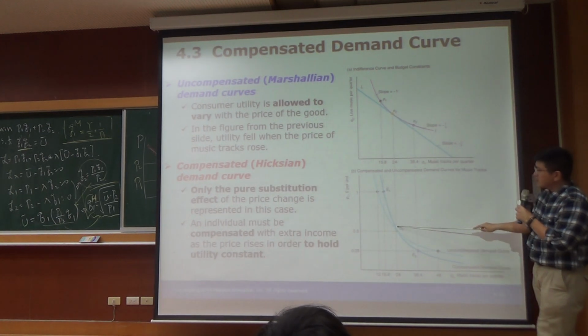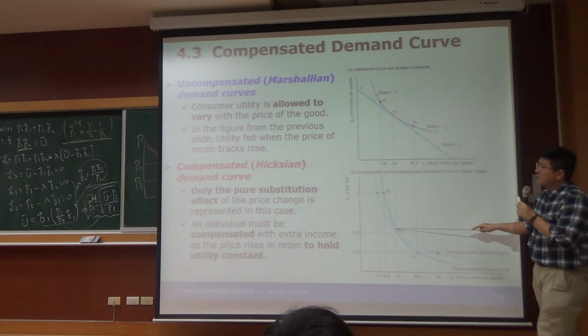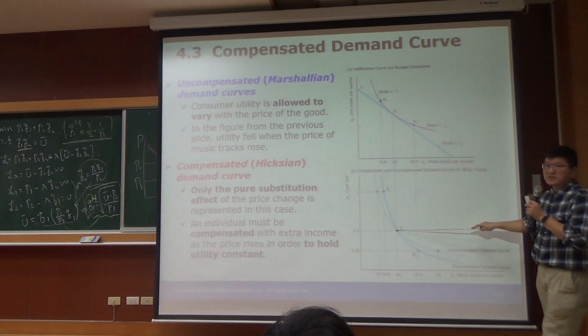The steeper one is the Hicksian, right? And the flatter one is the Marshallian.